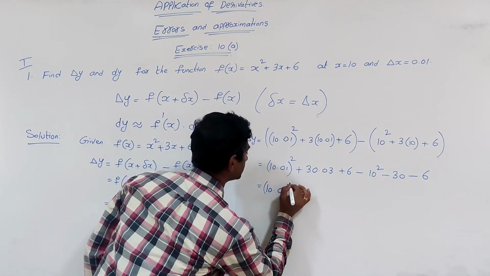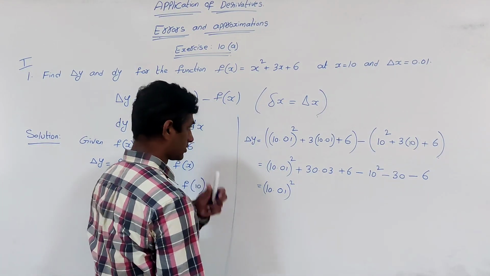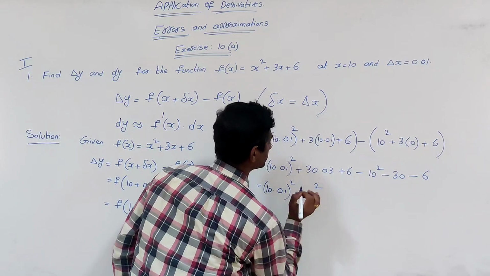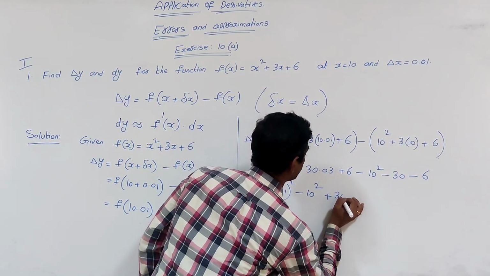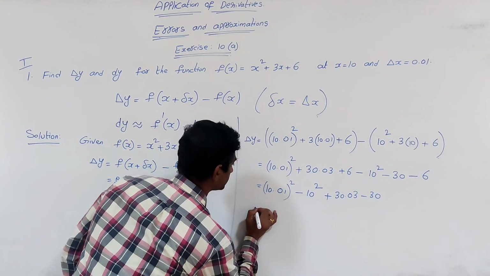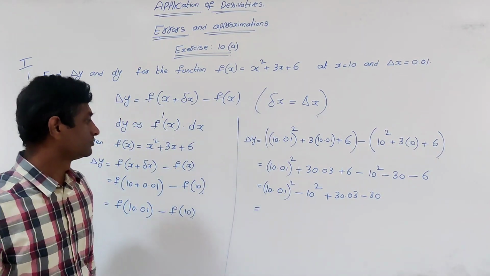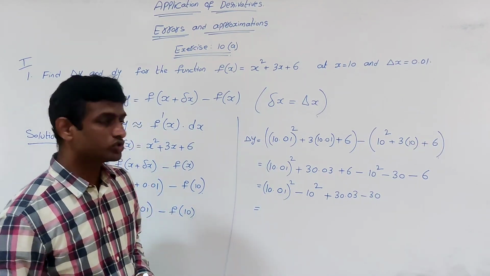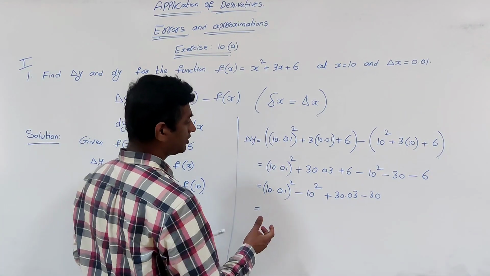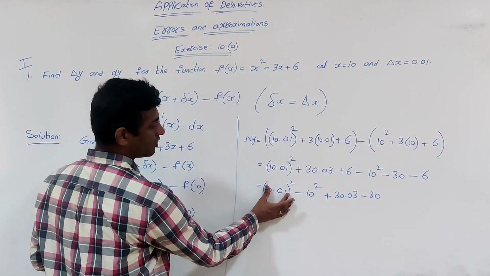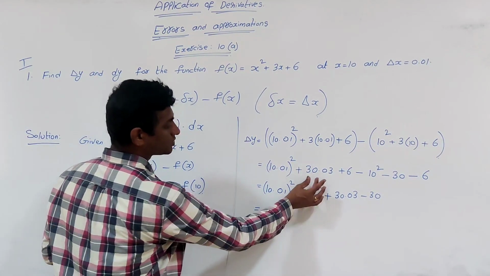10.01 whole square minus 10 square plus 30.03 minus 30. Or we can expand, since it is now in the form of a square minus b square.